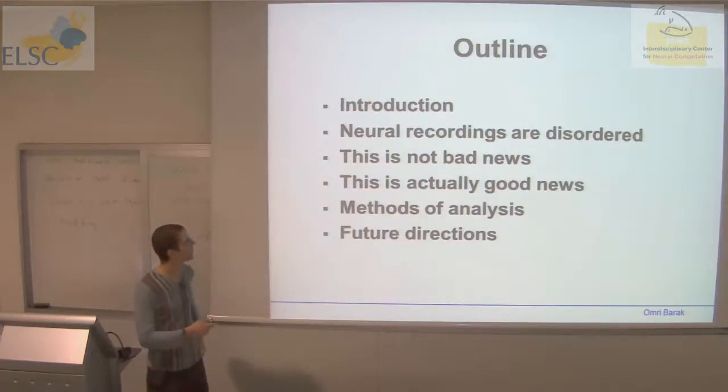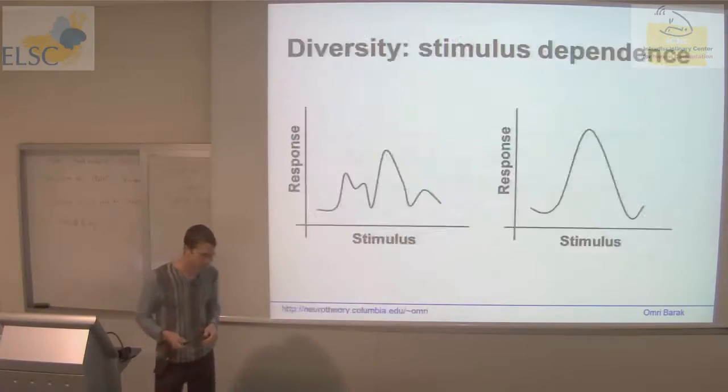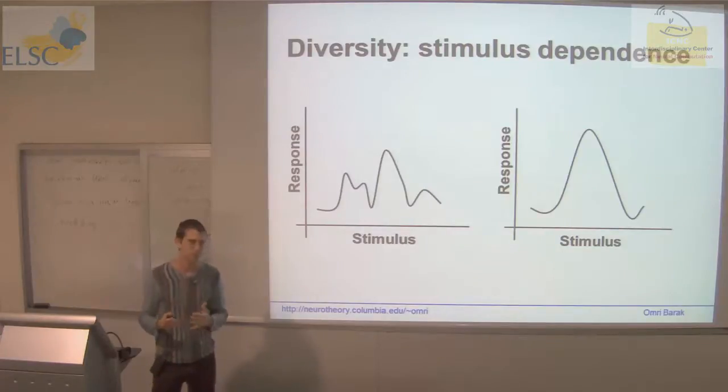First, I would like to show that neural recordings are disordered, that this is not bad news, it is actually good news, and I have some methods of analysis to understand this. When I say disorder, it's somewhat of a vague term, and I will refer to many different types of disorder throughout the talk.